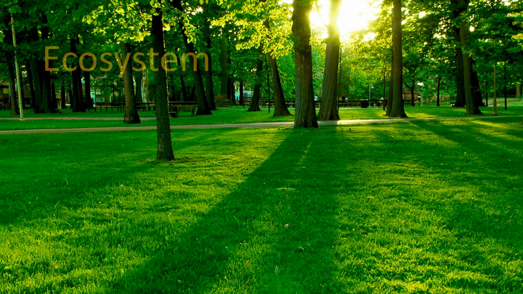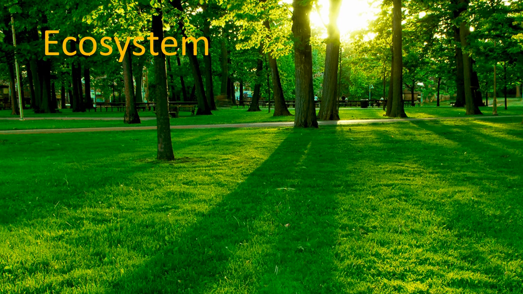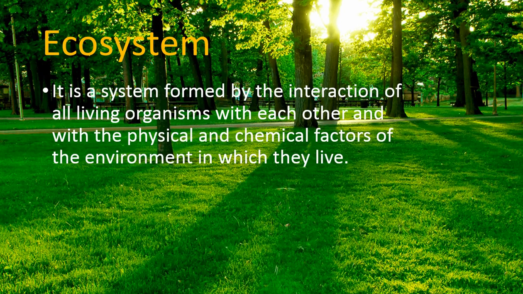Okay, now next is ecosystem. Sometimes most of the students are confused between biosphere and ecosystem. So now I am repeating once again. Biosphere means it's a narrow zone where the land, air, and water interact with each other and support life.